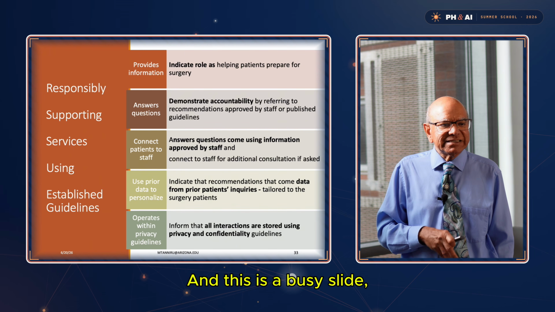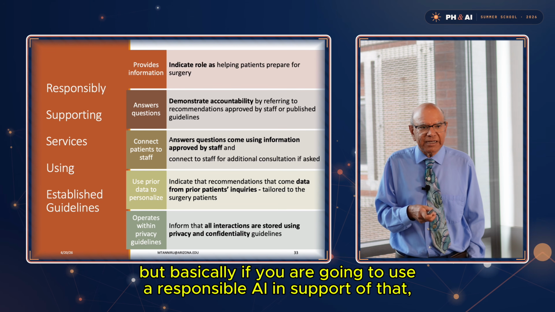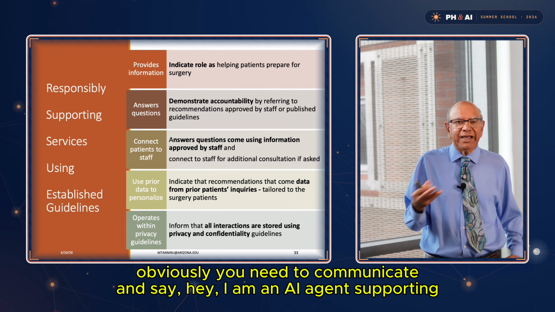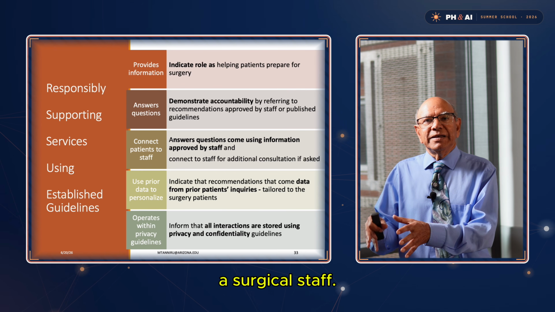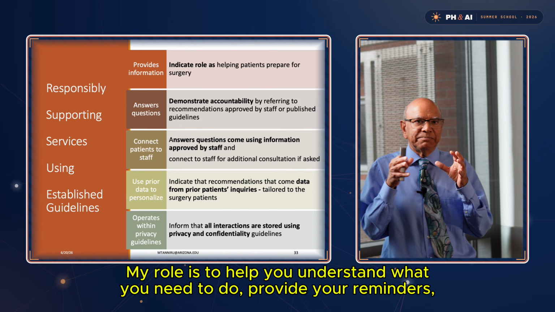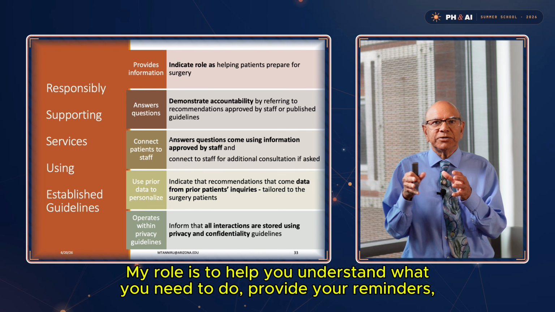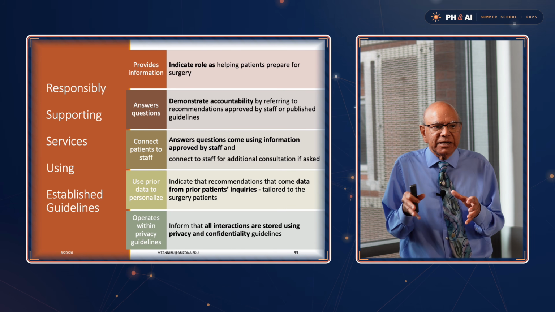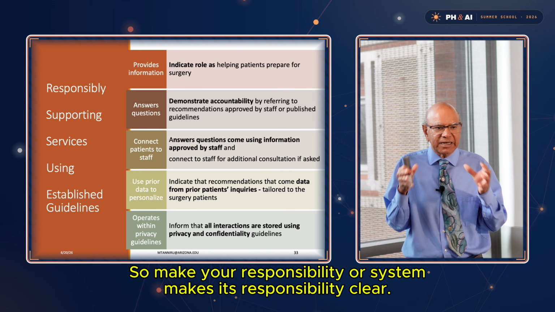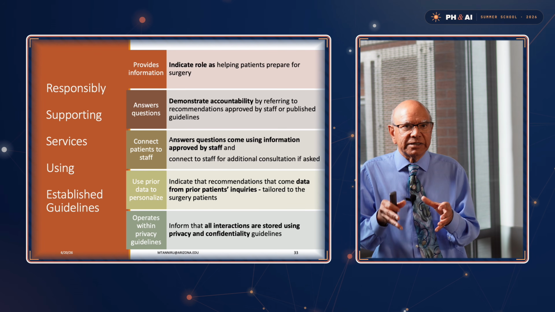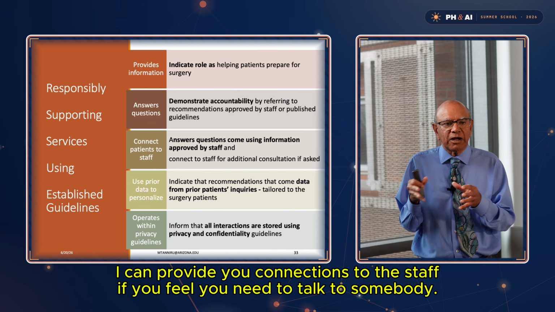And this is a busy slide, but basically, if you are going to use a responsible AI in support of that, obviously, it needs to communicate and say, hey, I am an AI agent supporting a surgical staff. My role is to help you understand what you need to do, provide you reminders, give you options. So make your responsibility, or the system makes its responsibility clear. And of course, it says, look, I can provide you connections to the staff if you feel you need to talk to somebody.